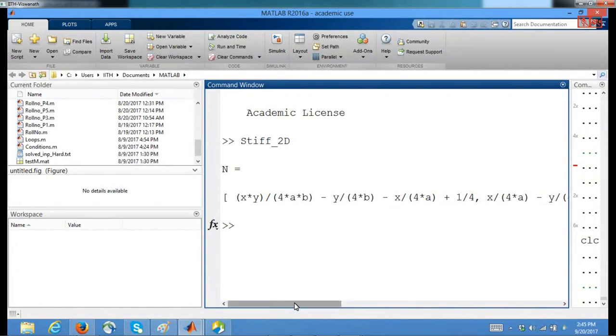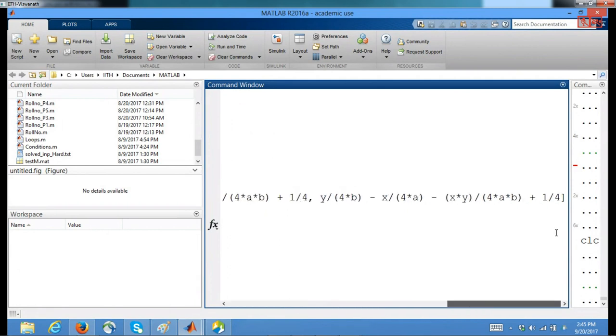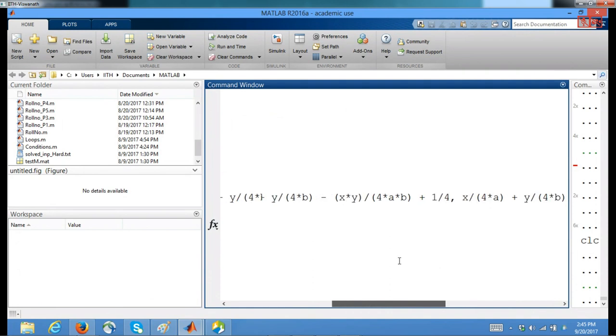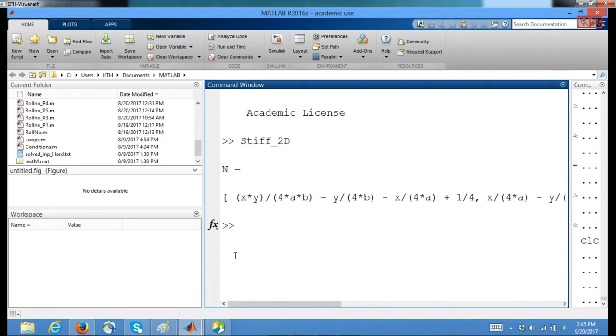I will try to simplify it so that we can understand it better.